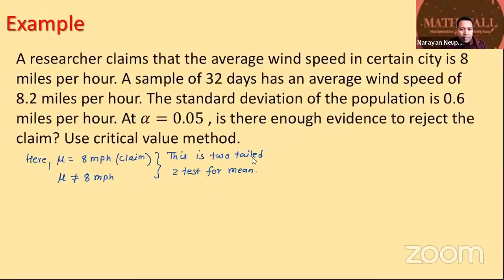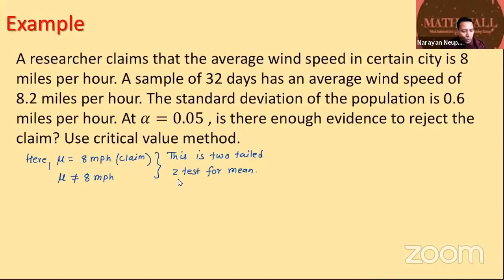So that's our first step. First step is to write the null and alternative hypothesis using the claim, and then we have to decide whether it is a one-tailed test or two-tailed test, and also whether it is a Z test or T test.